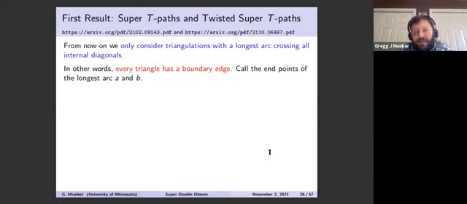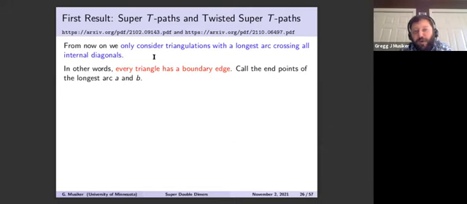And eventually we want to get to a snake graph interpretation, but twisted super T-paths are a related deformation of T-paths that are more closely related to the snake graphs. So that's why I want to mention these here.